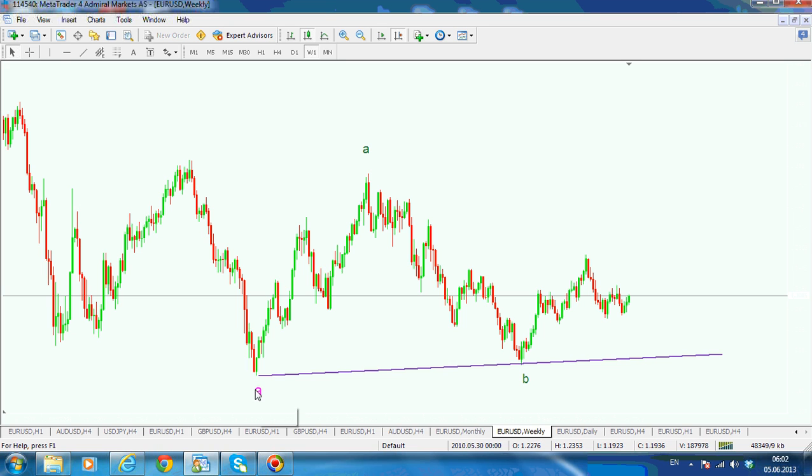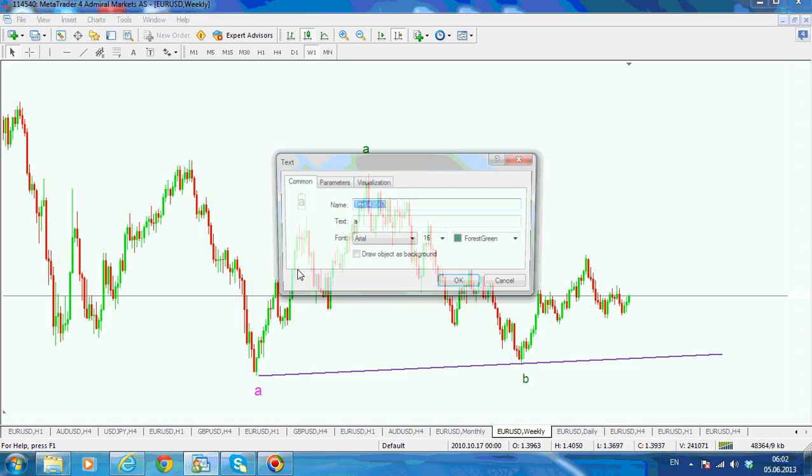Now, if this is an A wave of this degree, and this is a contracting triangle, then the legs of a contracting triangle go in the form of threes. That means A, B, C, A, B, C, A, B, C. That means that in this structure you have three waves of an even smaller degree than wave A here.